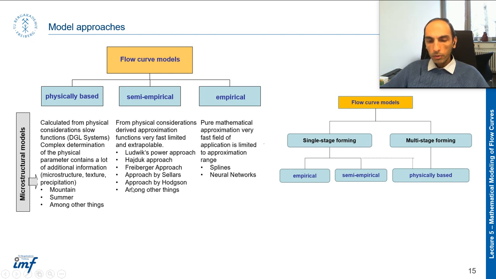You can find some metallurgical effects, some metallurgical aspects and theory which are implemented in the model. The example is the Friedberger model. We talked about it. For dislocation density, for precipitation hardening, and for other parameters, we have a term, and each term has a physical meaning in the equation.